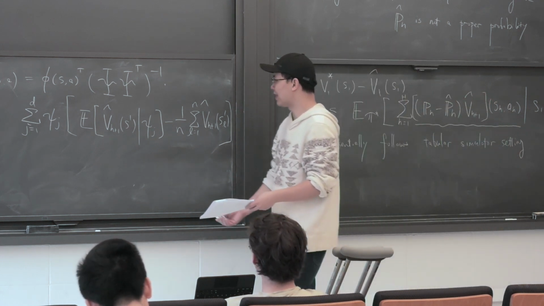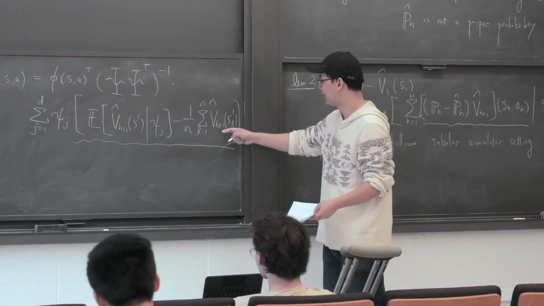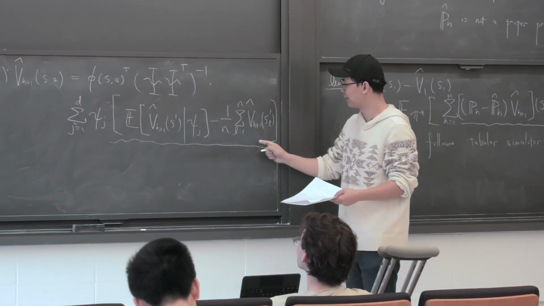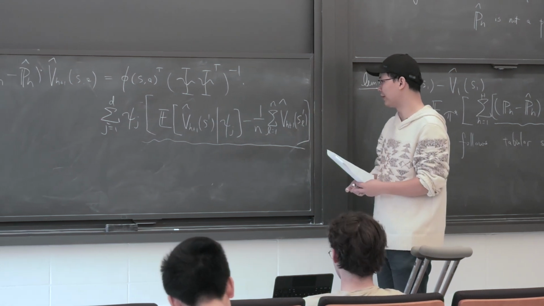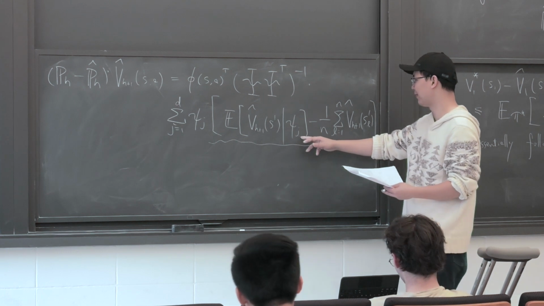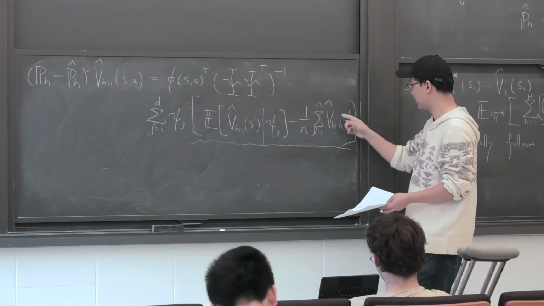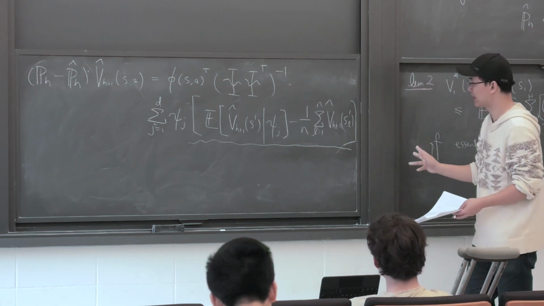So the very good thing now is this is the expectation subtracted by some empirical average. Essentially they are all starting from the same state-action pair psi_j, encoded by the linear vector, and then you're getting a lot of samples of next states.